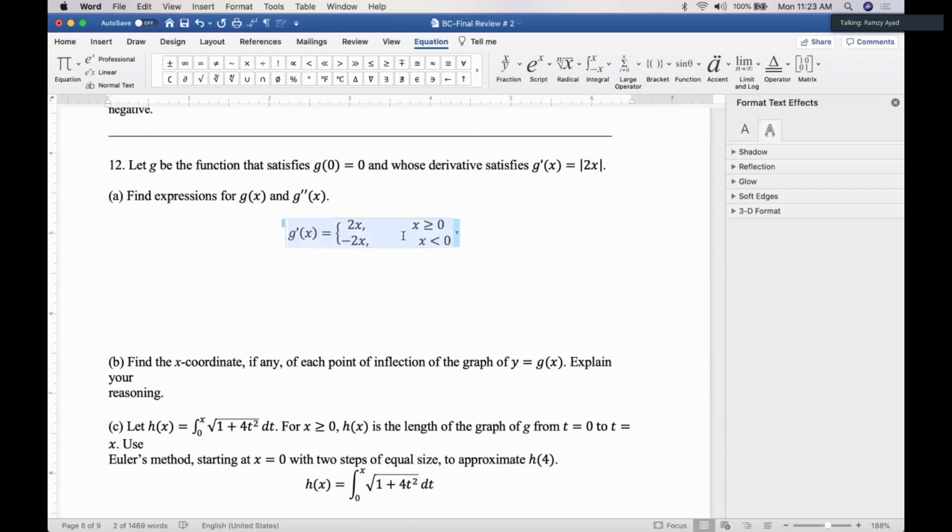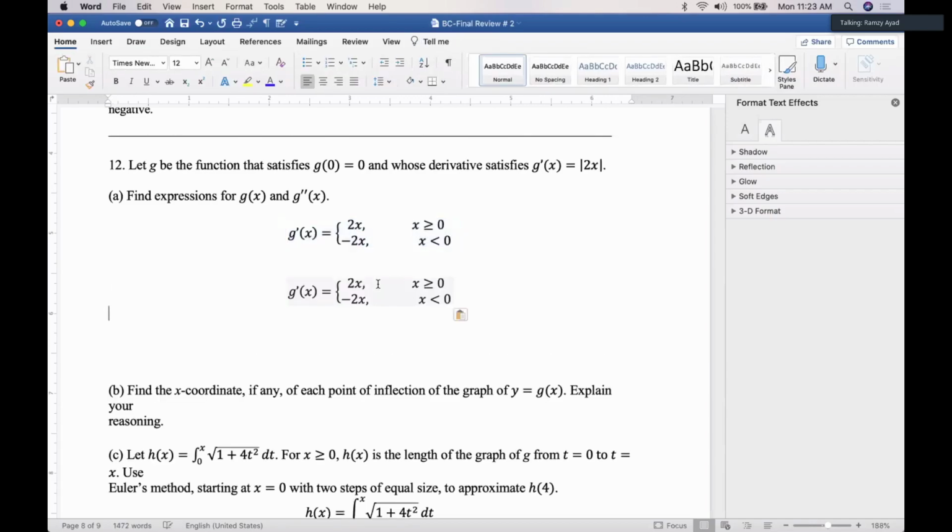Now, you want to get a second derivative. Let's get a derivative of that. That's what we do. We get a derivative of what we have. What's the derivative of this side? 2x, right? It's a 2. What's the derivative of the other one? -2. Right? That's it. But there is one single mistake here.